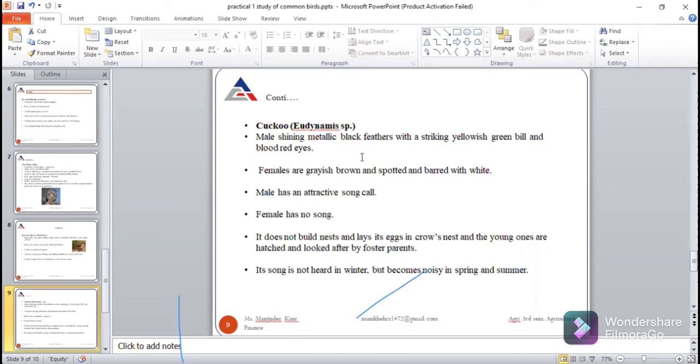They lay their eggs in the crow's nest, and their young ones are reared by the foster parents. Foster parents means their young ones are reared by the crows. Their song we mainly hear in the spring and summer season, and we do not hear their song in the winter season. So this is about the cuckoo bird.